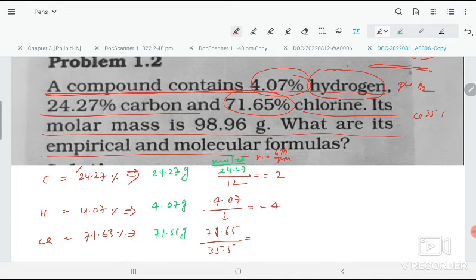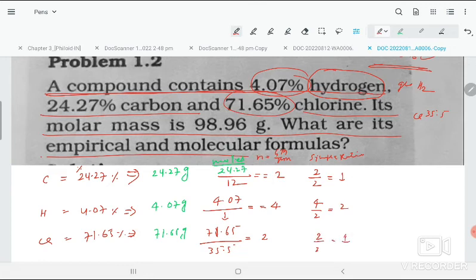I am taking whole numbers only. Chlorine, 71.65 divided by 35.5, comes 2. Now we convert to the simple ratio by dividing with the lowest number. So 2 divided by 2 is 1, 4 divided by 2 is 2, and 2 divided by 2 is 1. Now we got the lowest ratio.